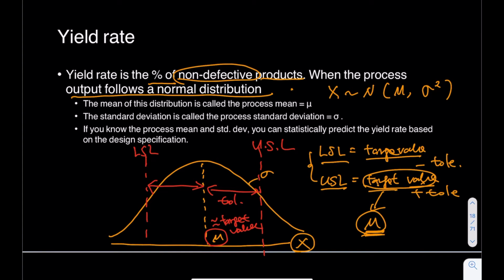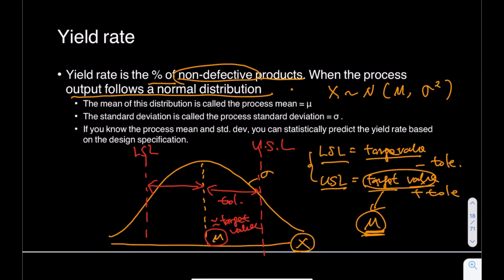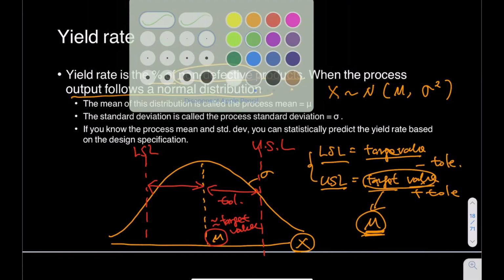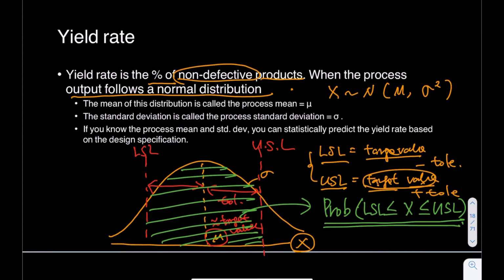You still remember the meaning of the normal distribution curve. What does the area under this normal distribution curve mean? If there are values x1 and x2, we know that this area is the probability when x is between x1 and x2, right? Given this, if you look at our current curve here, what does this area mean? This means the percentage of non-defective products.